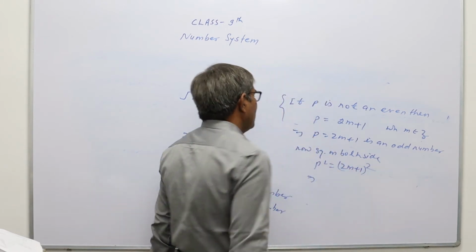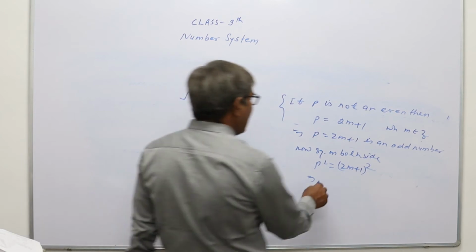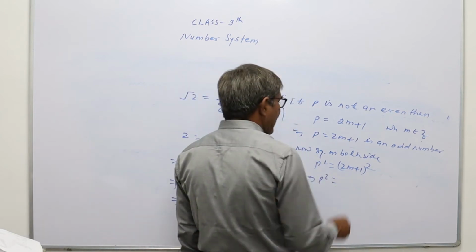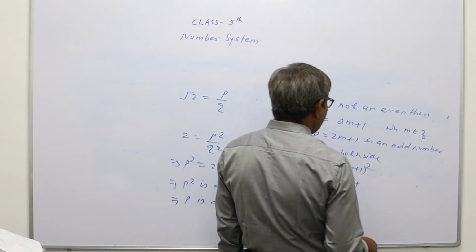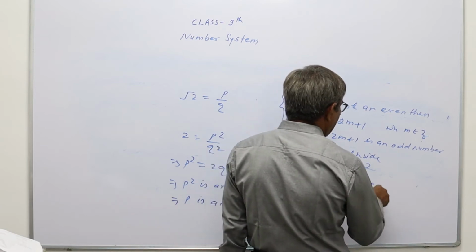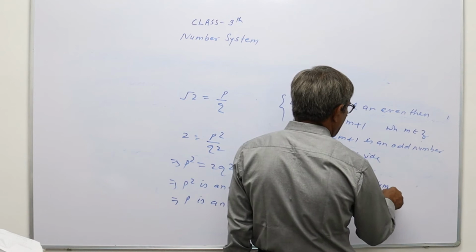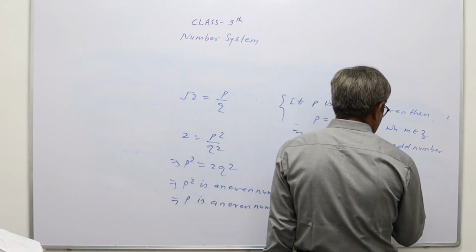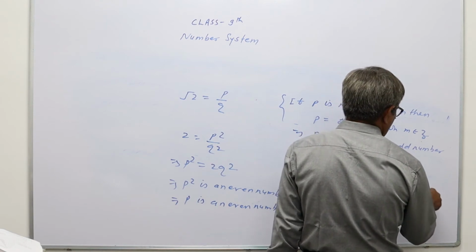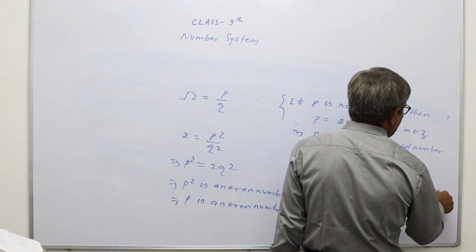Using a plus b whole square, p square equals a square, that is 4m square, plus b square, that is 1, plus 2ab, that is 4m, which is an odd number.